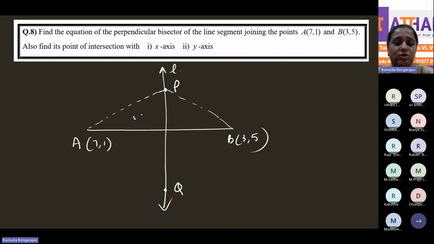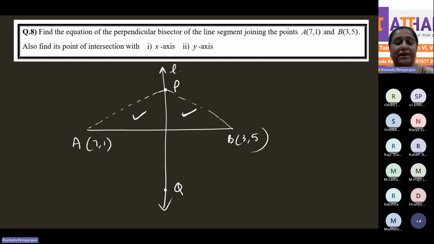The reason is that you can show that these two triangles are congruent to each other. So by CPCT, corresponding parts of congruent triangles are congruent, PA is equal to PB.